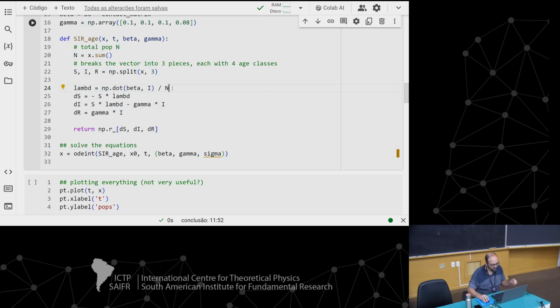Right now it is the total population, but I don't want this. I want it to be the sum of each age class. So I want a vector with n0, n1, n2, n3, n4.